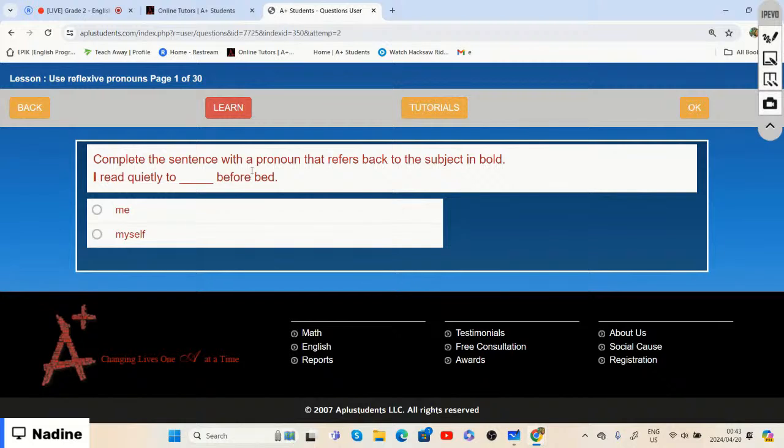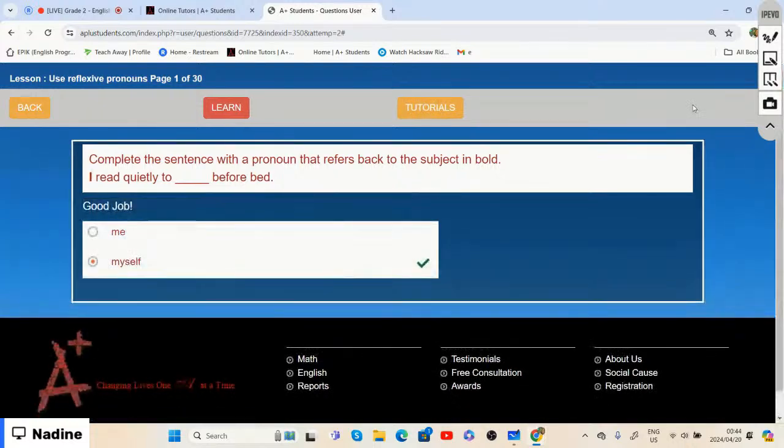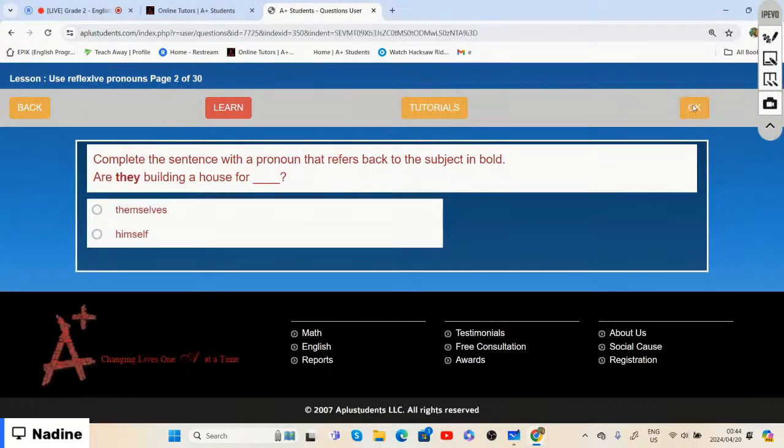So I read quietly to myself before bed. Myself is option 2. Yes, well done. Option 2 is correct.